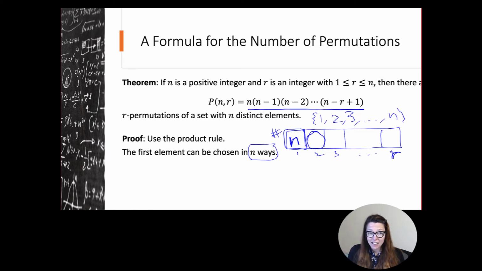So for the second element, how many ways can I choose that? Yeah, n minus 1. I can choose everything except whatever it is I chose in that first position. And for the third, I can choose n minus 2 because the only ones that I will avoid are anything that came before it. And the same is true until right here, right?